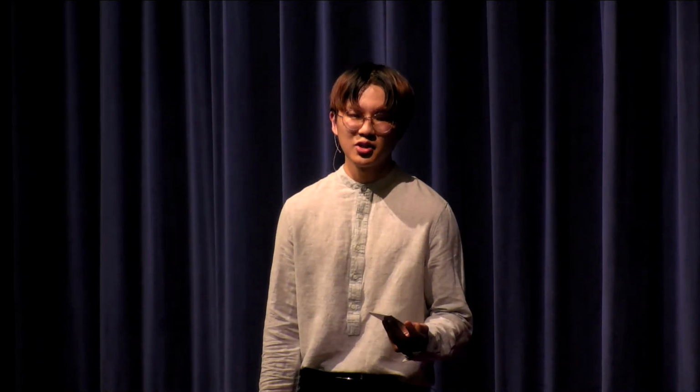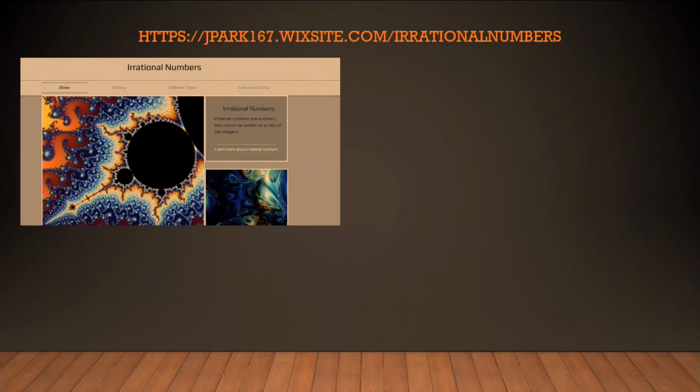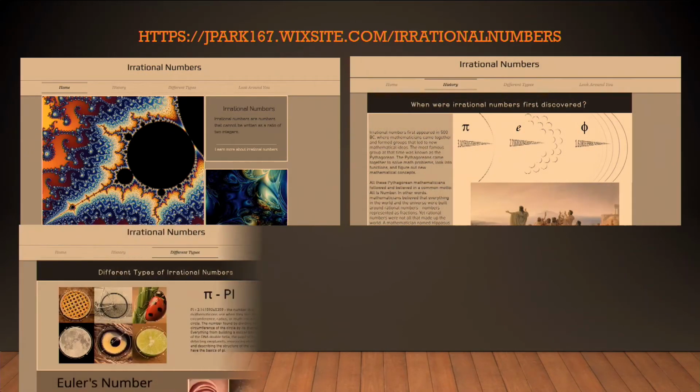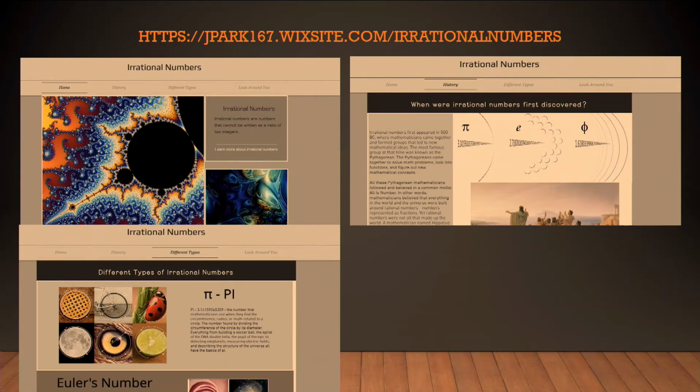And once I realized this, I wanted to share this information with others. I want to let the world know. That is why I decided to create a website. I had a homepage with eye-catching pictures to make sure the user doesn't leave as soon as they enter my website, which is something I sometimes do. I also had a history page where I talk about the history of how irrational numbers were invented, who invented these numbers, and how they came to be.